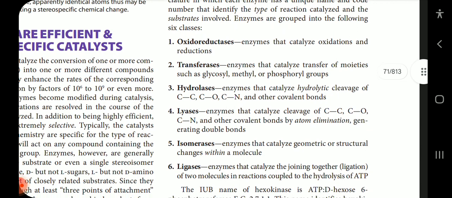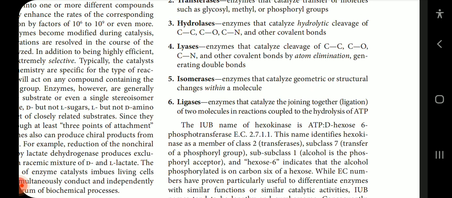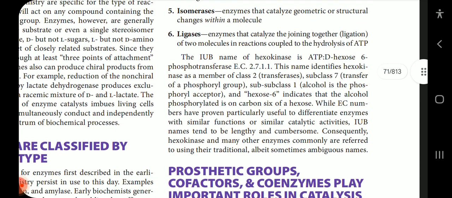These enzymes are grouped into the following six classes: oxidoreductases, enzymes that catalyze oxidations and reductions; transferases, enzymes that catalyze transfer of moieties such as glycosyl, methyl, or phosphoryl groups; hydrolases, enzymes that catalyze hydrolytic cleavage of C-C, C-O, C-N, and other covalent bonds; lyases, enzymes that catalyze cleavage of C-C, C-O, C-N, and other covalent bonds by atom elimination, generating double bonds; isomerases, enzymes that catalyze geometric or structural changes within a molecule; ligases, enzymes that catalyze the joining together (ligation) of two molecules in reactions coupled to the hydrolysis of ATP.